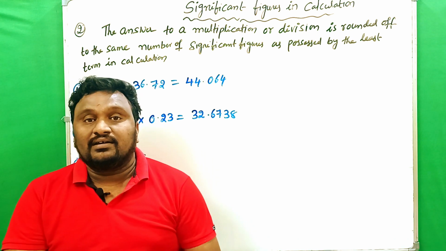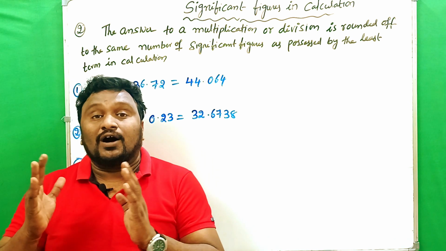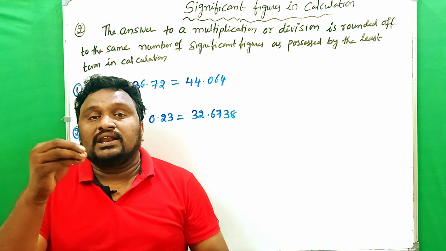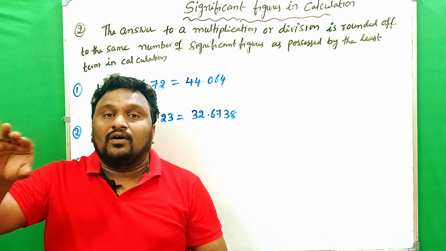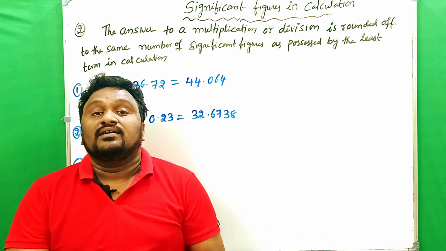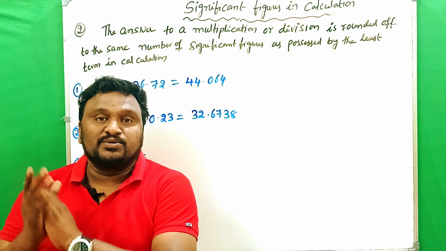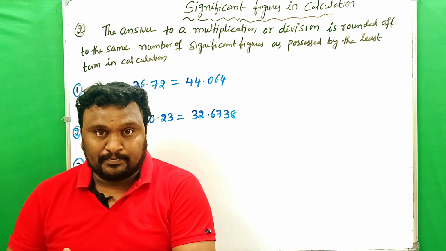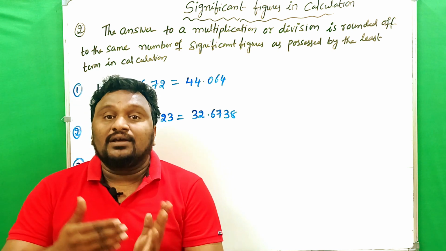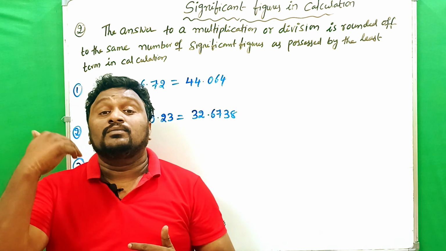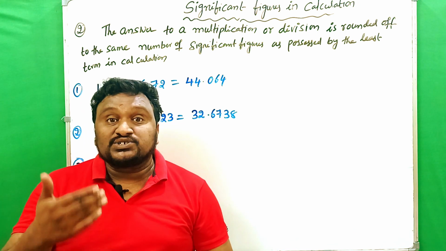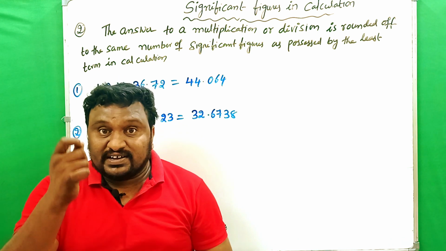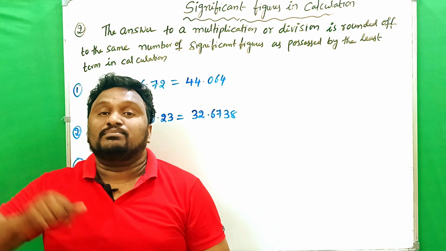Now similarly, in case of multiplication or division, among all the given numbers we have to select the number which has the least significant figures. That particular number of significant figures is taken as n, and after doing the multiplication or division we will get some result. That result is going to be rounded off up to the least significant figures of all the given numbers.